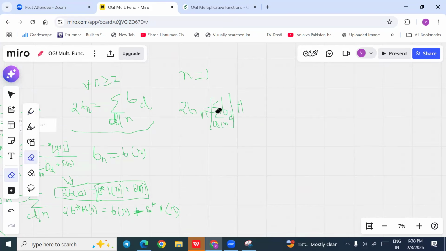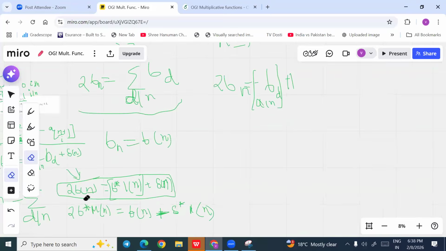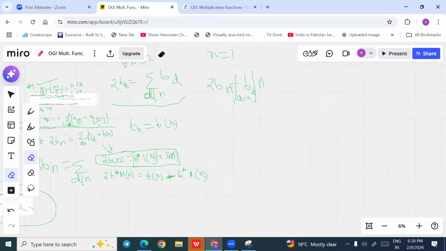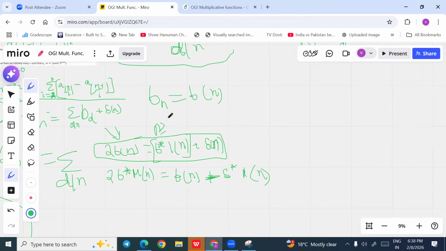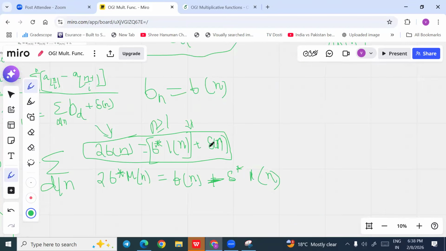So where are you adding the delta? Okay, so I'm just generalizing. This is for n greater than or equal to 2. Okay. This is for n greater than or equal to 1. Now I just want to get a general relation for n greater than or equal to 1. So I'm just using this. This just holds in general for n greater than or equal to 1. Okay, sure.